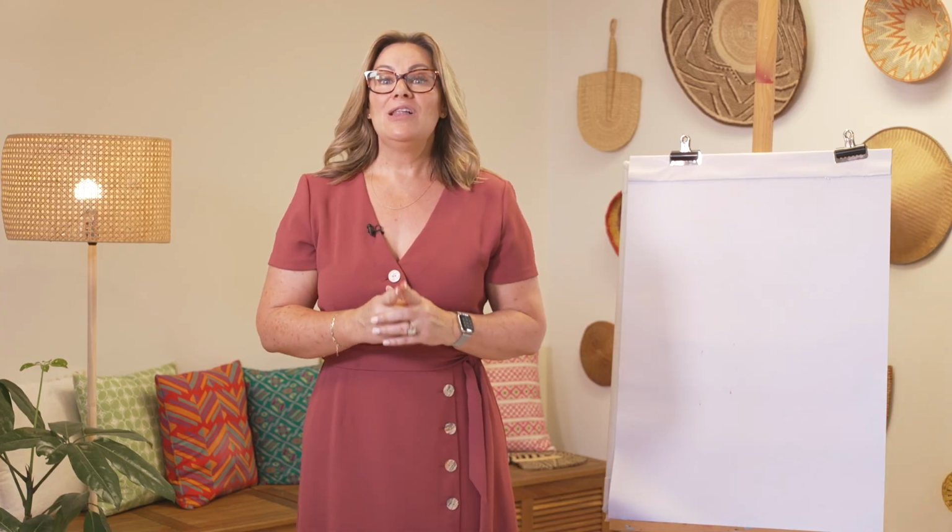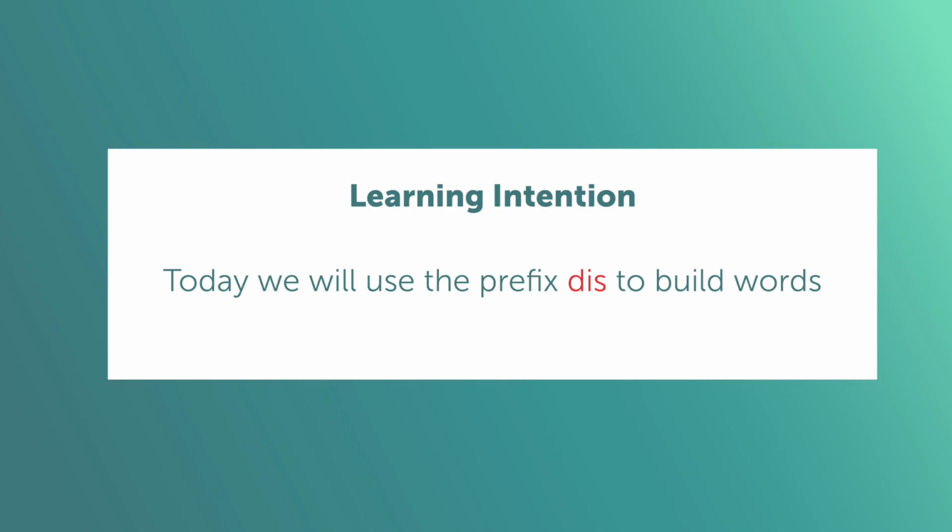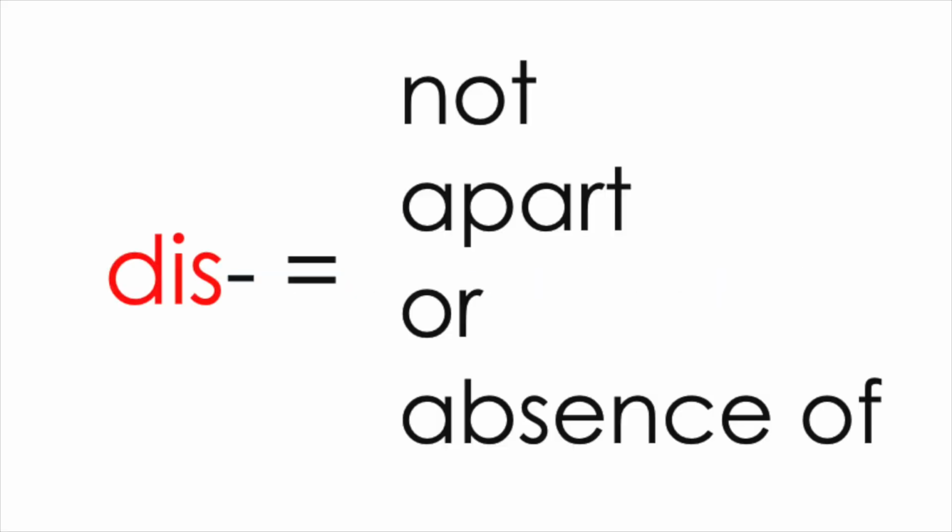Okay, we're coming into our learning intention for today. Today we are going to use the prefix, which comes at the start of a word, prefix dis. If you look up on your screen now, you will see the prefix dis.